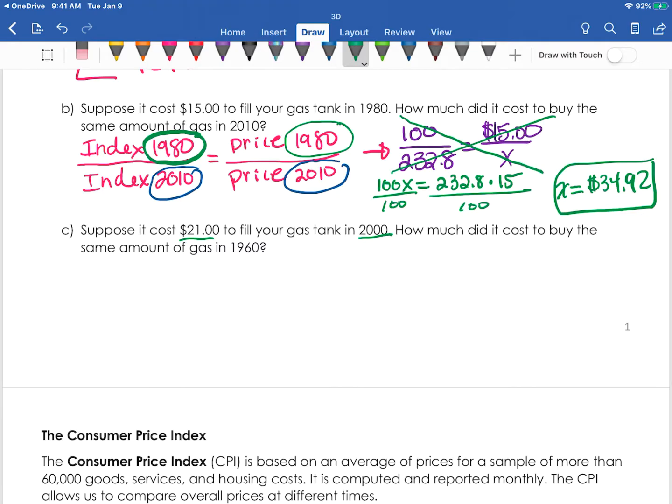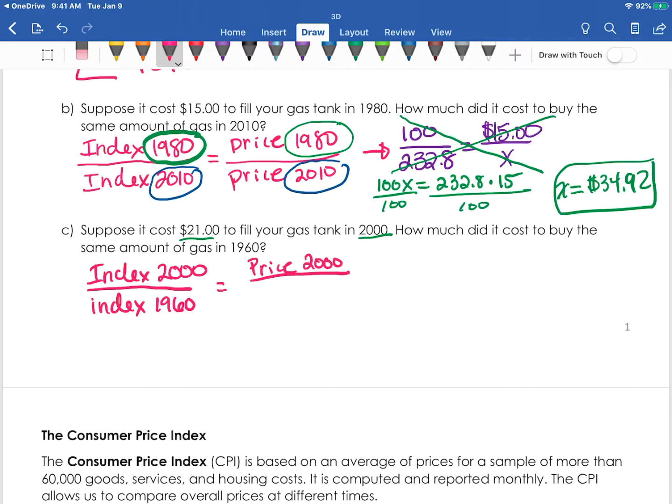Okay, but we're going to do this the same way. I'm going to set up a ratio. We're going to do the index for 2000 over the index of 1960, and then we're going to do the price. Because I put 2000 on the top on the left, I have to put 2000 on the top on the right.